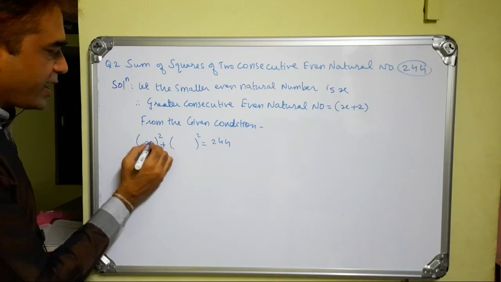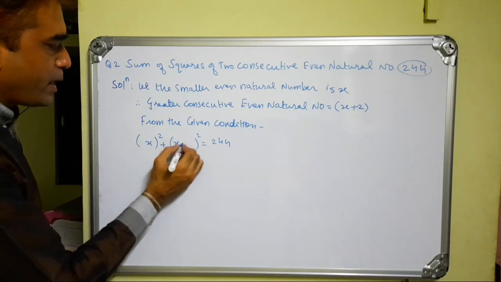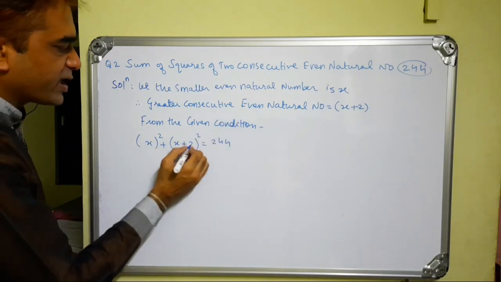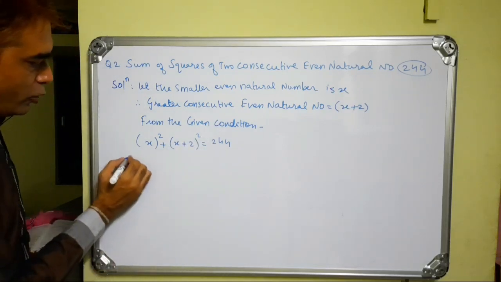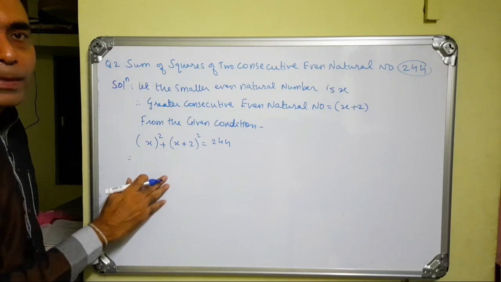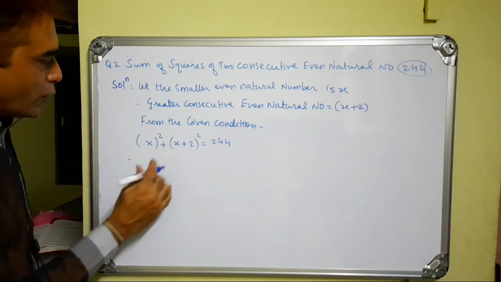So first number is x square plus second number is x plus 2 whole square equals 244. Now let's simplify it and write this equation in standard form.